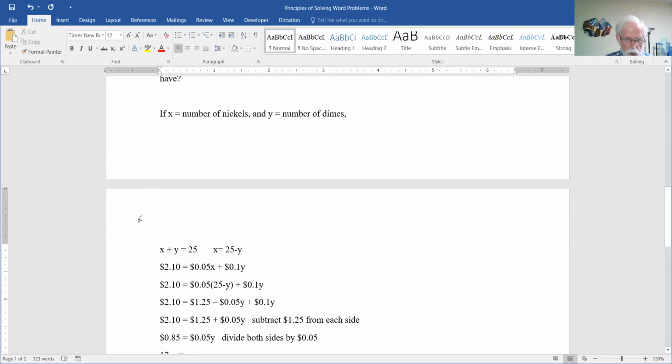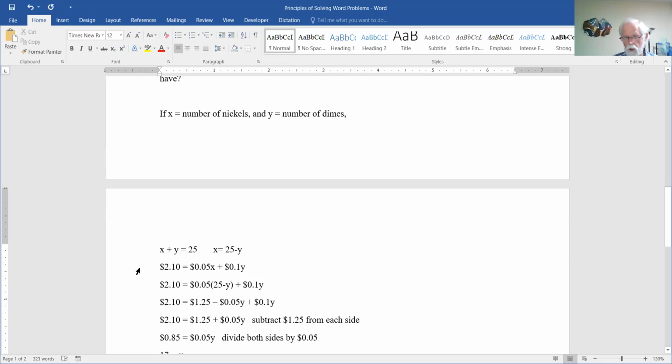So we know from the facts that x and y, the number of nickels plus the number of dimes, add up to 25 because we were told we have 25 coins. We know that if we multiply the number of nickels by 5 cents and the number of dimes by 10 cents, it'll add up to $2.10.